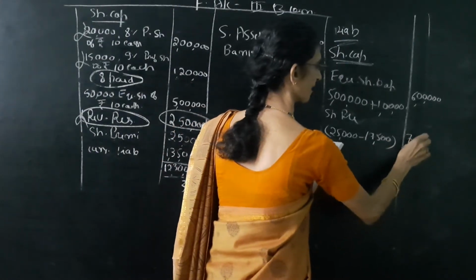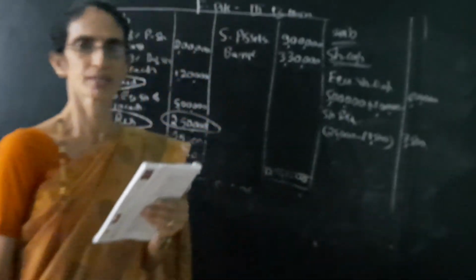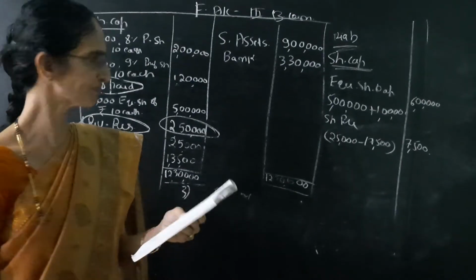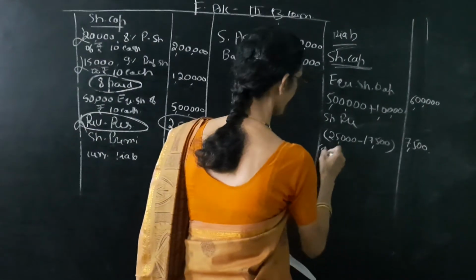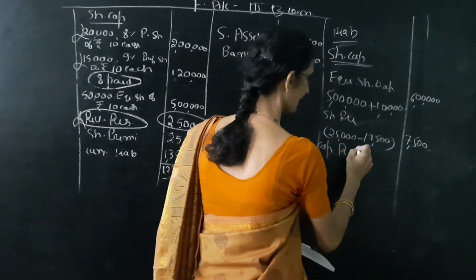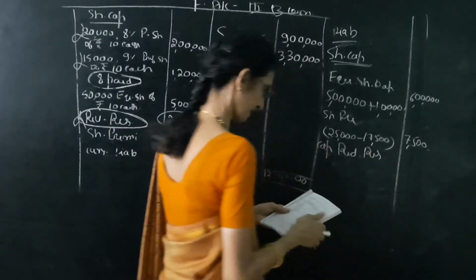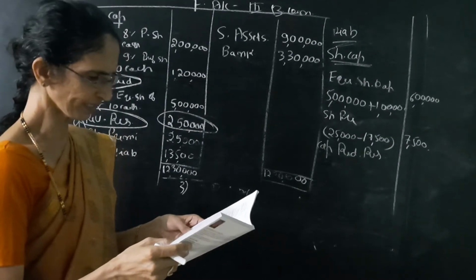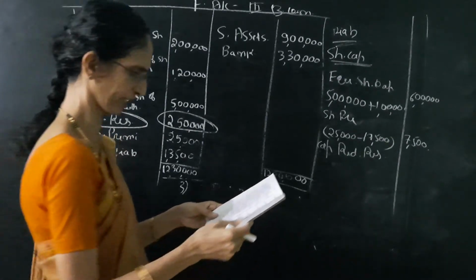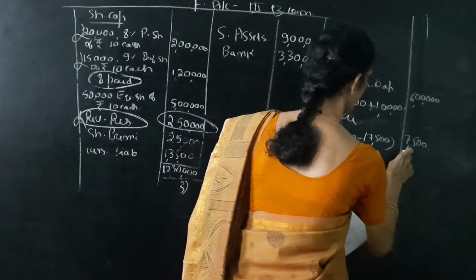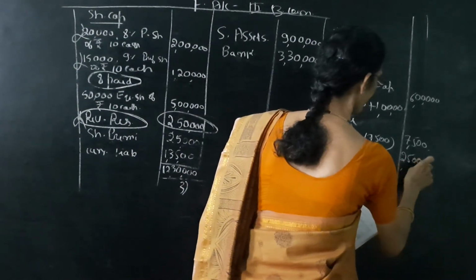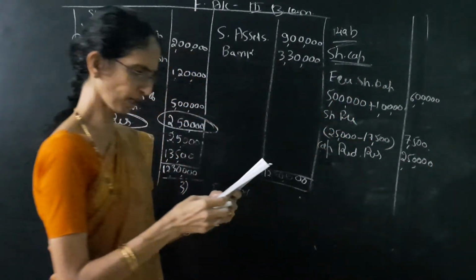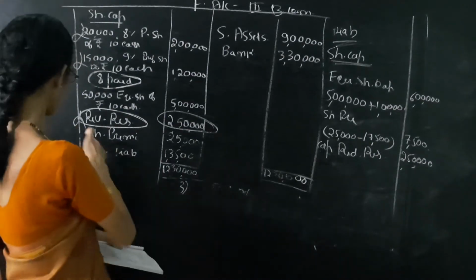Then it is 7,500. Another important item we have to show is capital redemption reserve. See the journal entry, it is in the fifth entry. Revenue reserve account debit to capital redemption reserve. So capital redemption reserve is 2,50,000. Next, share premium is over.